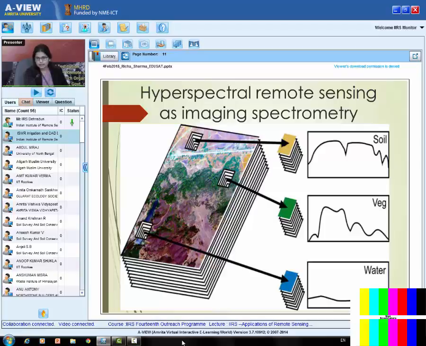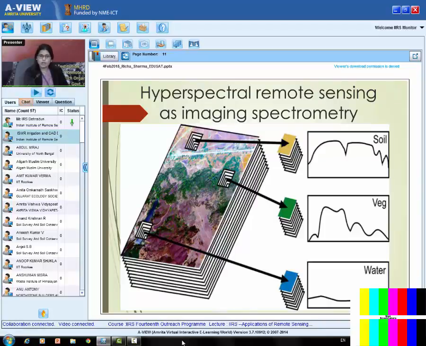This axis shows the number of bands or the wavelength range, and this is the z-axis. Then this is the vegetation, and we have the spectra of the vegetation. Third, there is water, and this is the spectra of the water.